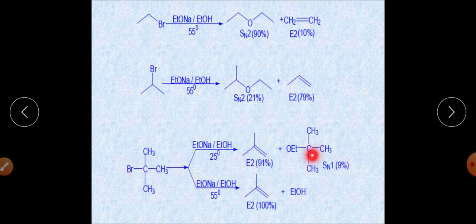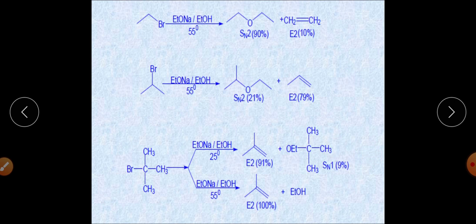When we talk about SN1 reaction, nucleophilic substitution unimolecular reaction, the C positive will be synthesized and stabilized, and then the EtO negative will attack at this particular carbon and form the SN1 product, that is, the nucleophilic substitution unimolecular product. But this is only 9% and there is no chance of SN2 product.